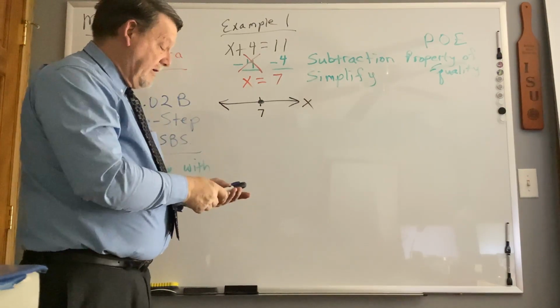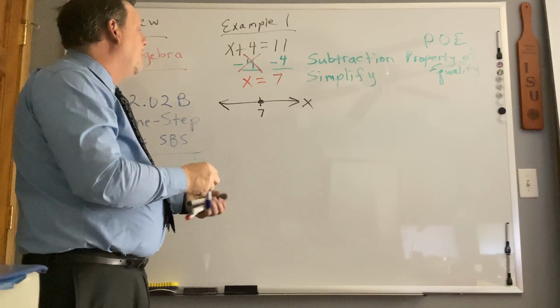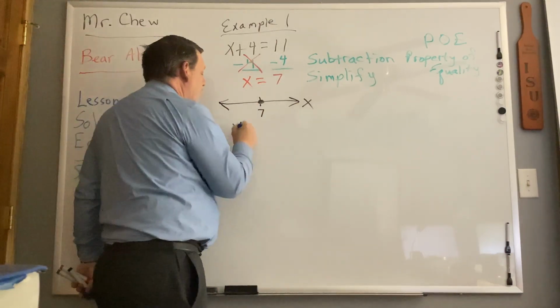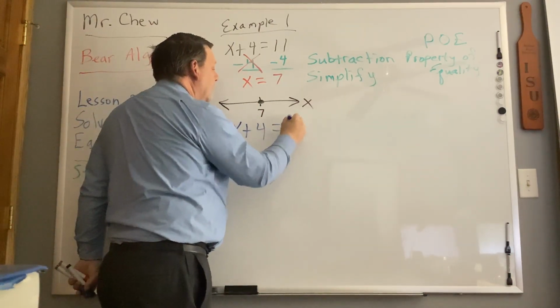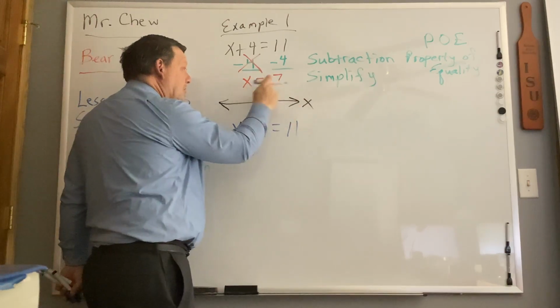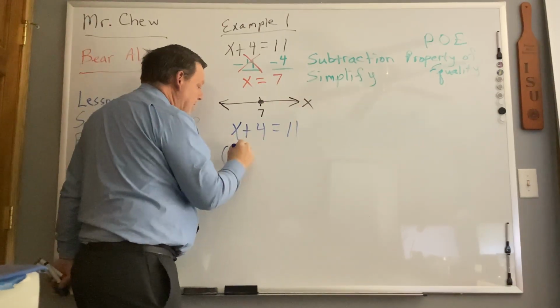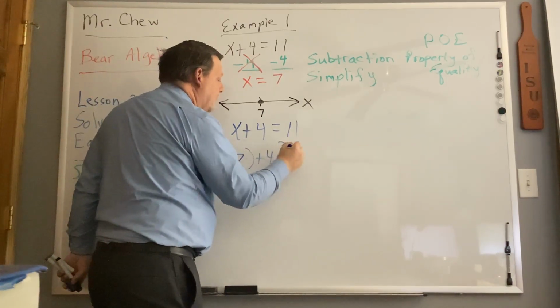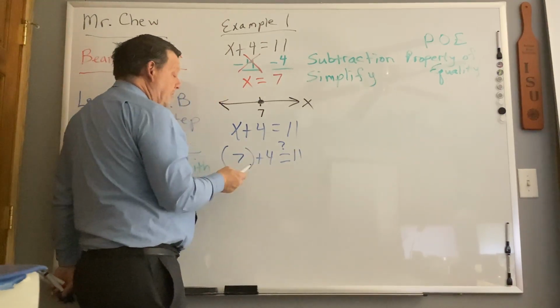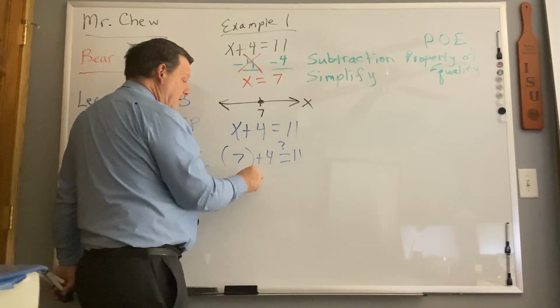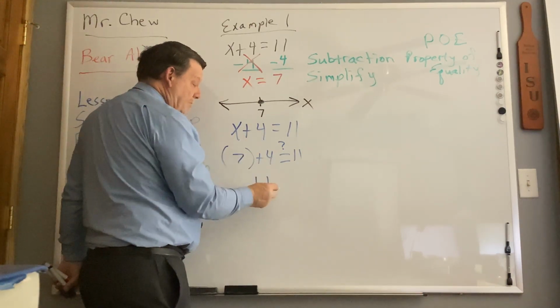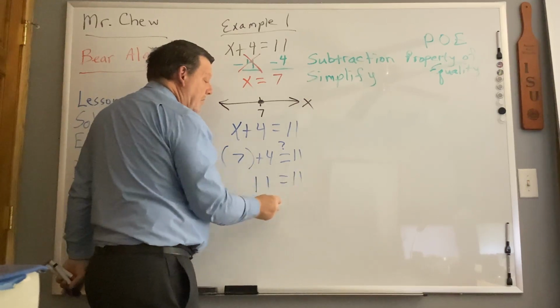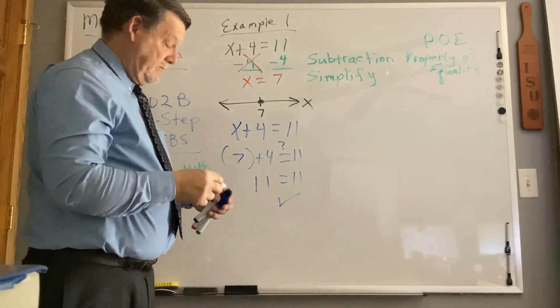Now how do we check it? You check it by taking your original equation, writing it down, and then substituting the value that you say is the answer in parentheses with a little question mark. And now we see if it's true. 7 plus 4, I misspoke, is 11. Does 11 equal 11? Yes, so I just checked it.